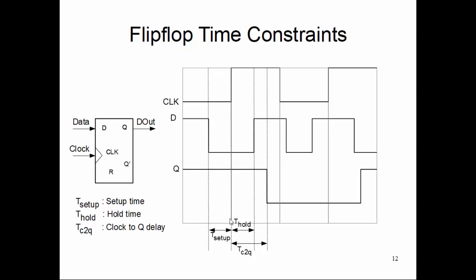Now what the setup time says is that your D input data, that signal, should be stable a minimum time before the clock goes to 1. So here I am trying to get a 0 from D to the Q side.